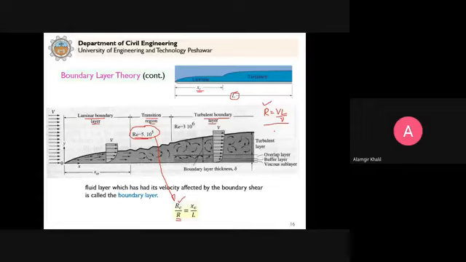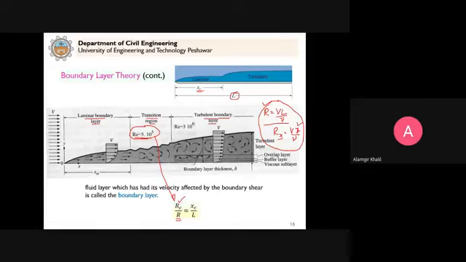At any distance x, Rx will be equal to V into x divided by nu. When we use R, it is for the entire length, but Rx is at any distance x.